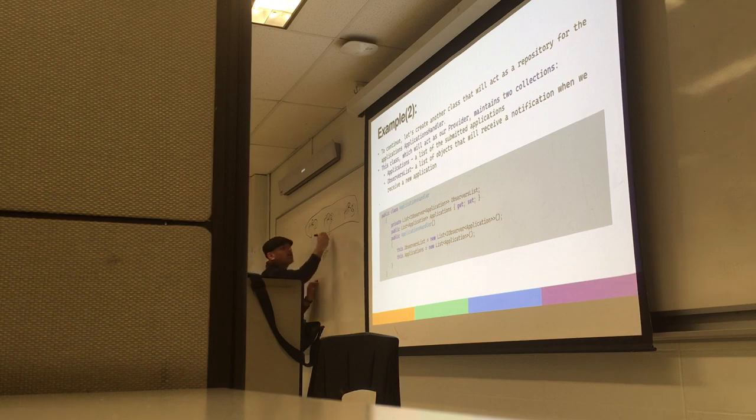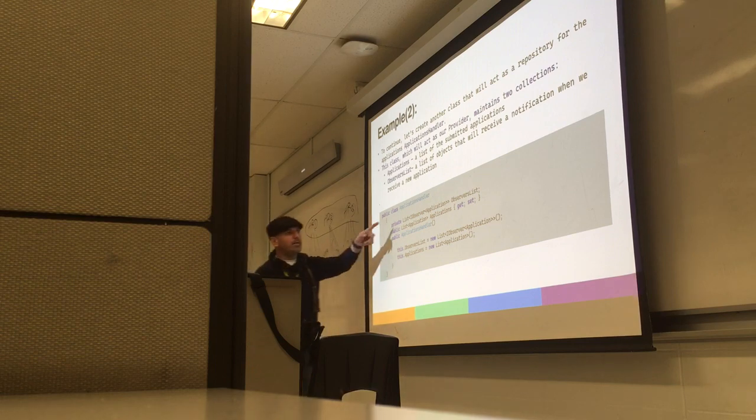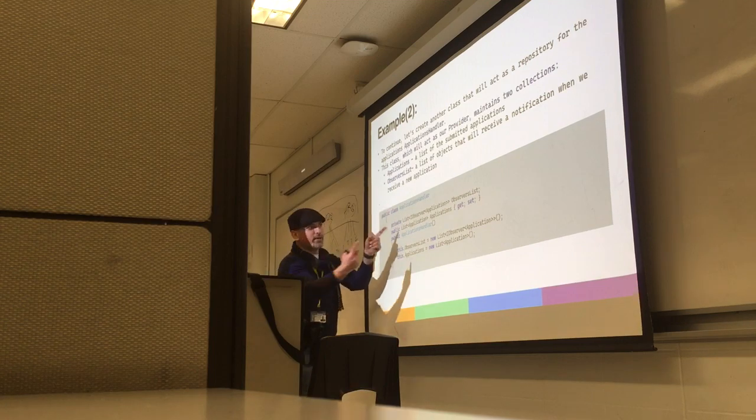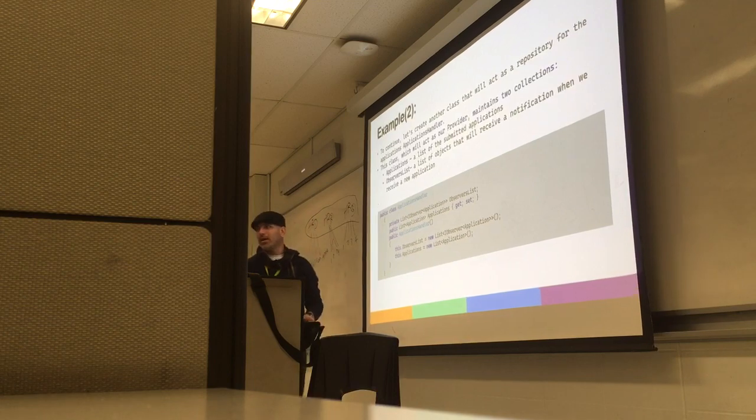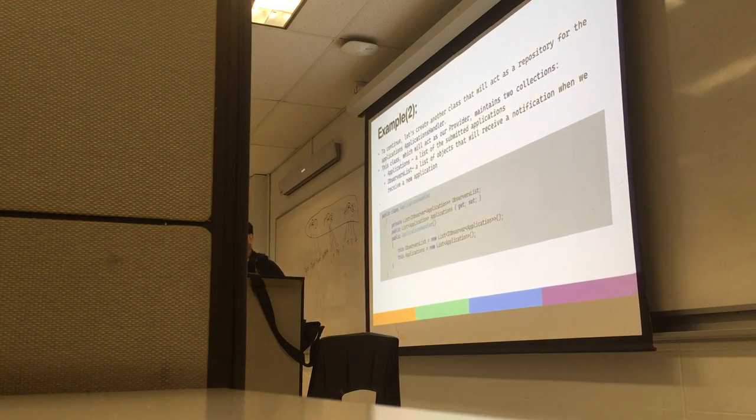HR2 is the same, with access to the same applications 1, 2, 3, and 4. This means each HR in the list of observers has a list of applications. Okay, is it clear?